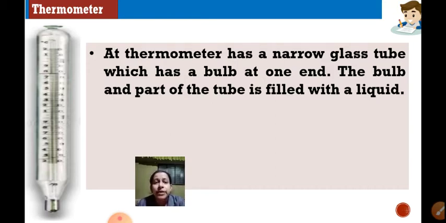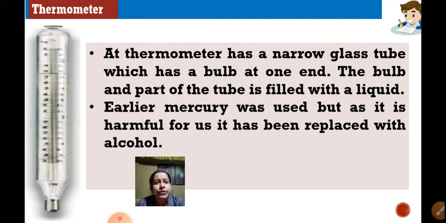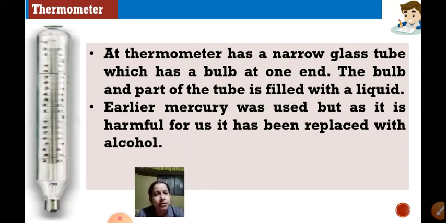Earlier, mercury was used, whereas nowadays mercury has been replaced by alcohol. Since mercury is very toxic in nature, suppose the glass thermometer falls down and breaks, then what will happen? The mercury will spill everywhere.